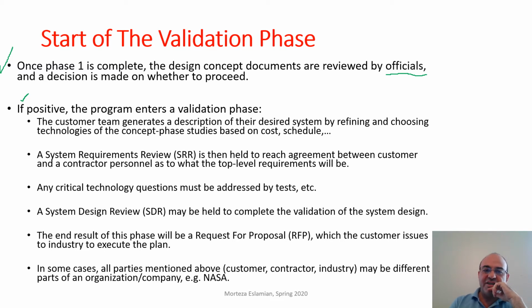So the customer team, so before this, when we say that, for instance, reviewed by officials, it means officials and their consultants, their advisors, people who help them to actually make the right decision based on the concept definition.